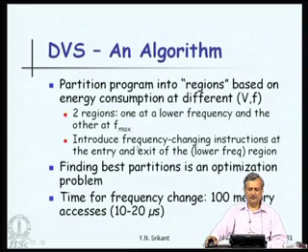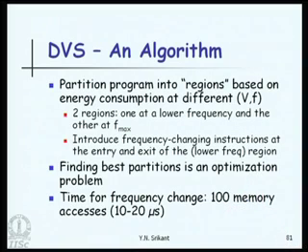So, we introduce frequency changing instructions at the entry and exit of the lower frequency region. In other words, when the program control enters the lower frequency region, the frequency is changed to a lower one, and when it exits the lower frequency region, the frequency is changed again to the higher one.